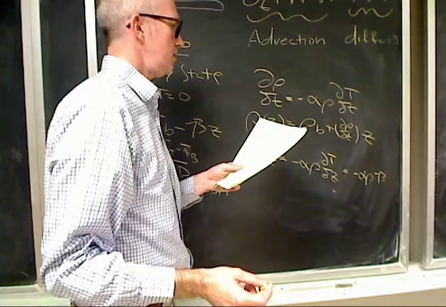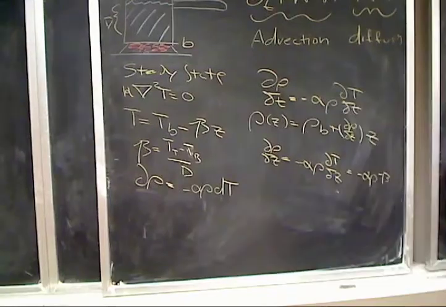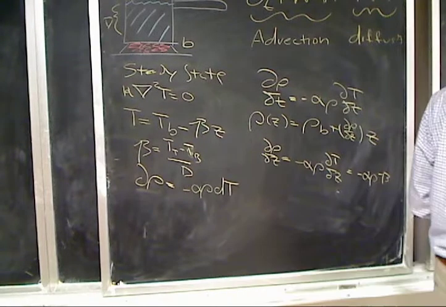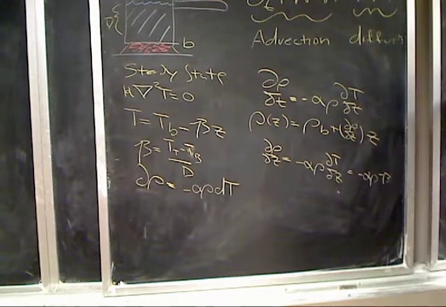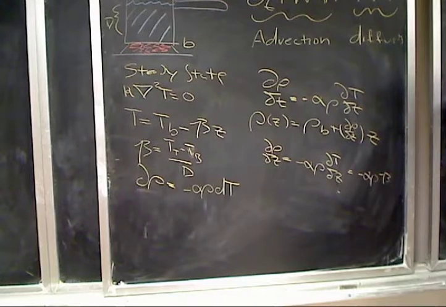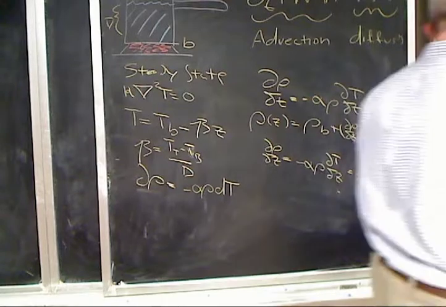Let's simplify that. Oh, I'm sorry, there's another minus sign. Beta is negative, so we get a minus sign and a minus sign that cancels: rho bottom times 1 plus alpha beta z. Okay, so my background density solution is just going to be whatever it is at the bottom plus this linear decrease as we go up to higher densities.